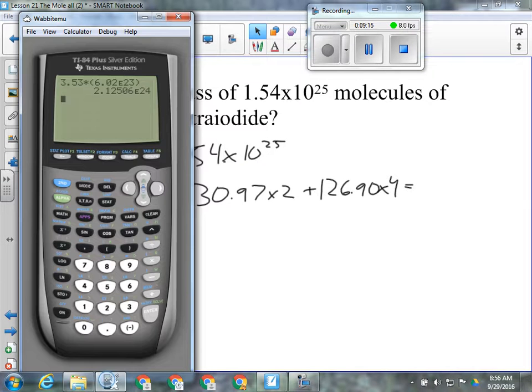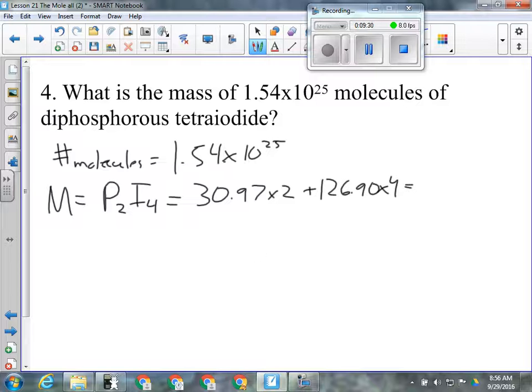So we can get our molar mass here. 30.97 times 2 plus 126.90 times 4. All right, so 569.54. It's a heavy one. Grams per mole. Well, you got your first mark.